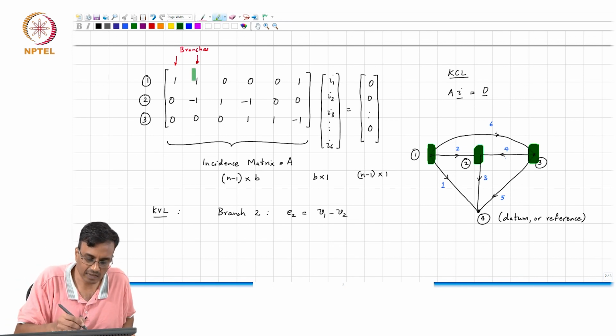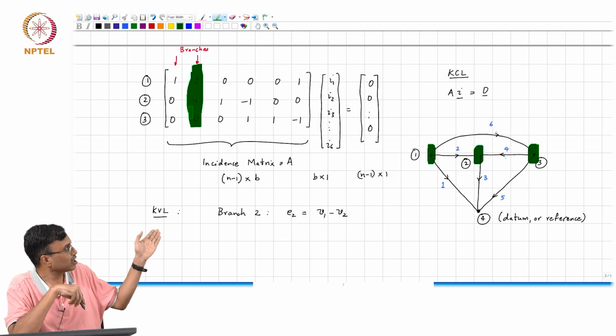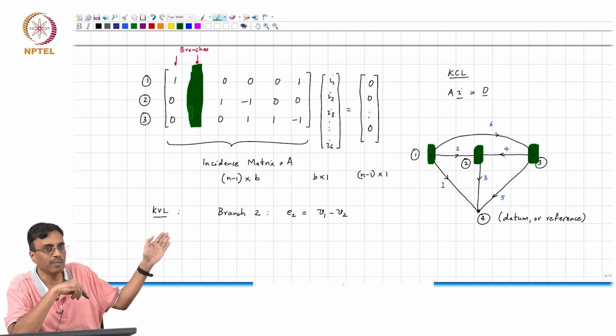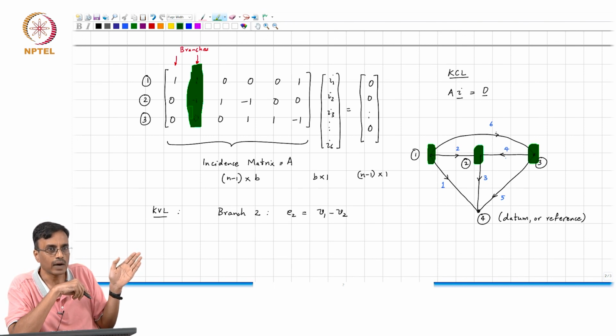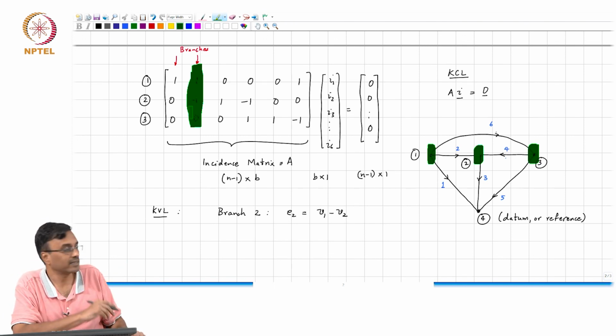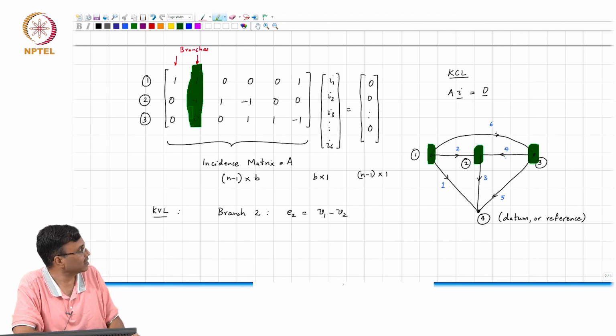Well, what is this 1 minus 1, what is this telling us? Let us take this column. This corresponds to which branch? This corresponds to the second column, which basically means that this corresponds to the branch number 2, correct. And that column indicates that this branch starts at which node and ends at which node?